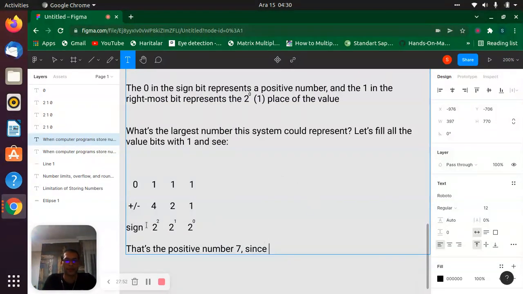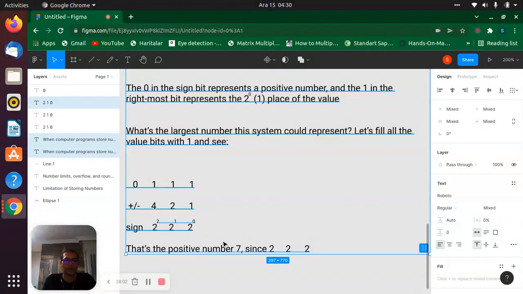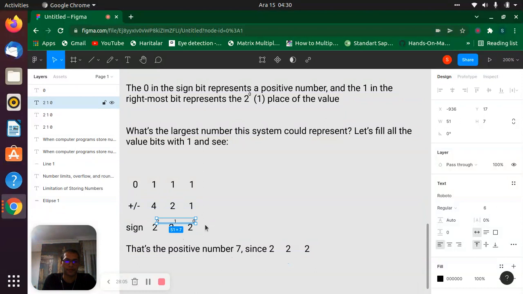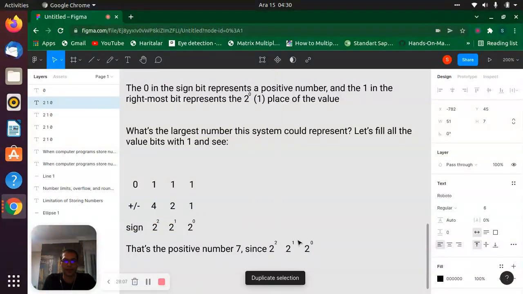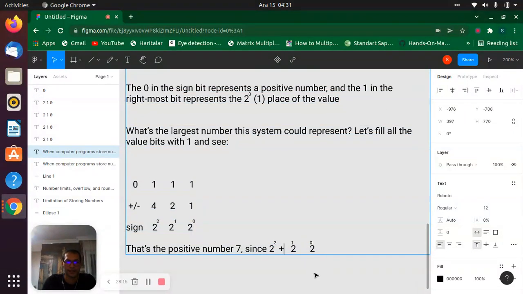I will take this one again from here, and I need to put some plus signs between them. Just do something like that, and do the same thing here.